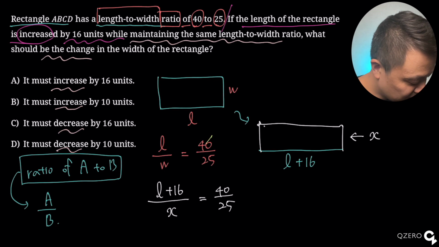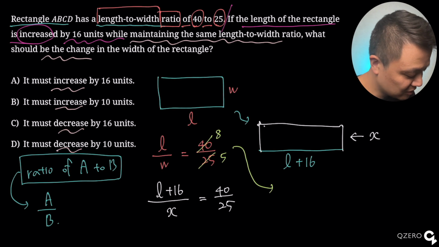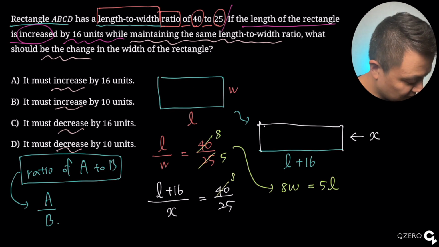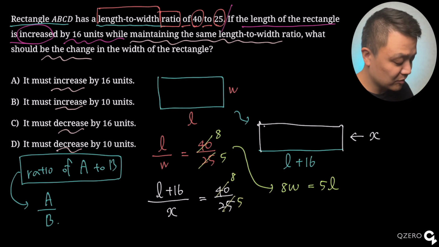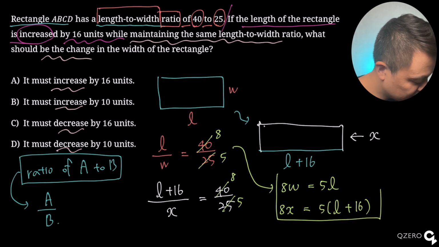If you simplify, dividing 5 on top and bottom, this is 5 over 8. So if you solve this, cross multiplication, 8W equals 5L here. And you can do the same thing with 8 over 5. Let's do the cross multiplication here again. 8x equals 5 times L plus 16. This is what we have.